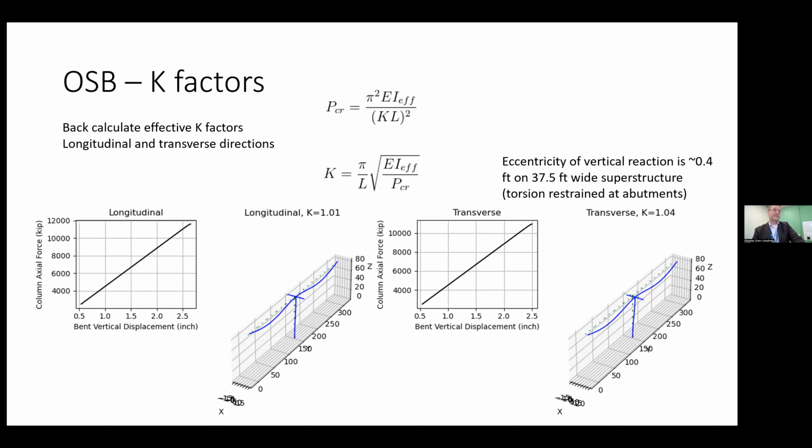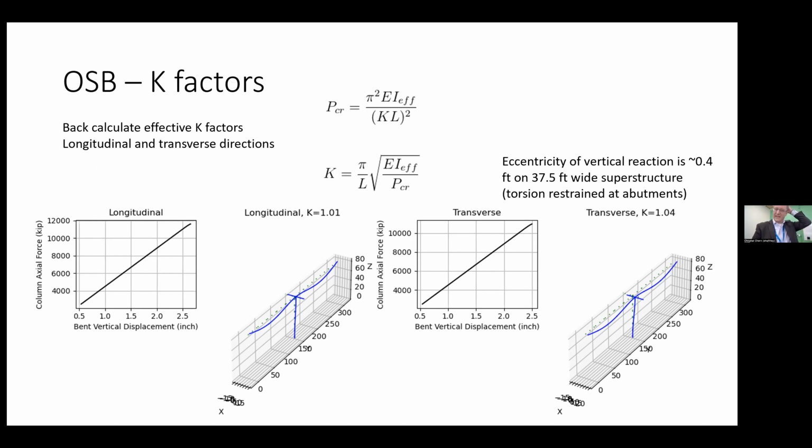Okay, so just doing this type of push down analysis in OpenSees. For the longitudinal direction, we basically get a K factor of 1. This is an elastic model. We're just kind of doing sanity checks at this point. It's kind of hard to see, but you get kind of the fixed column and double curvature in the longitudinal direction along the direction of traffic.